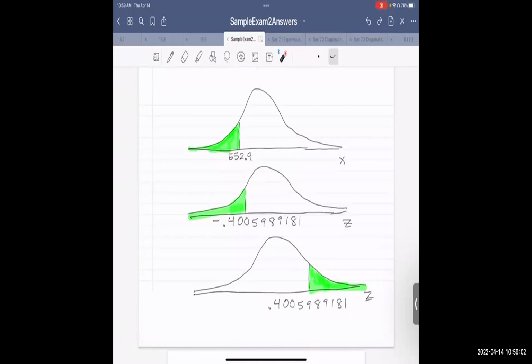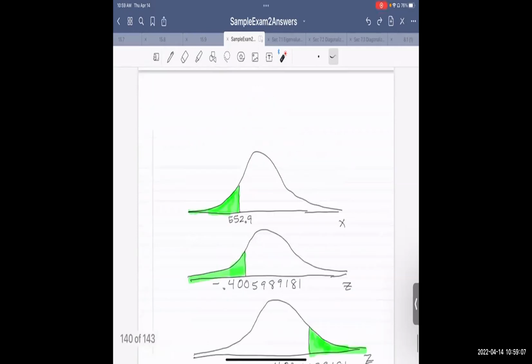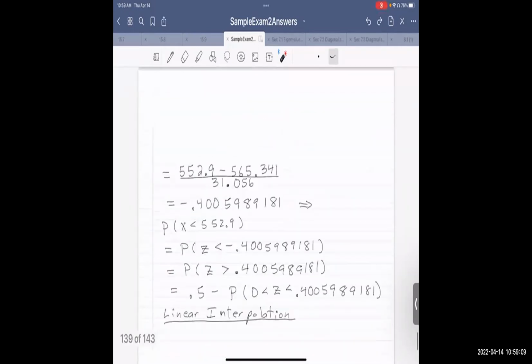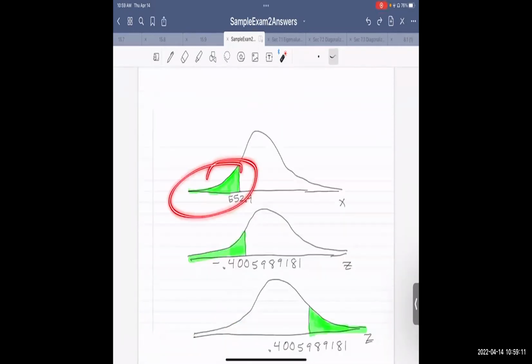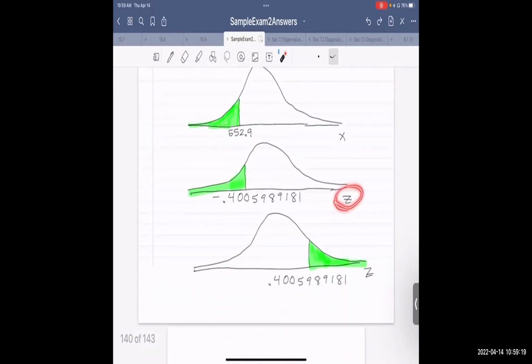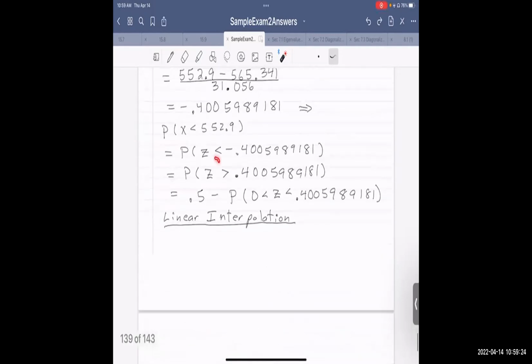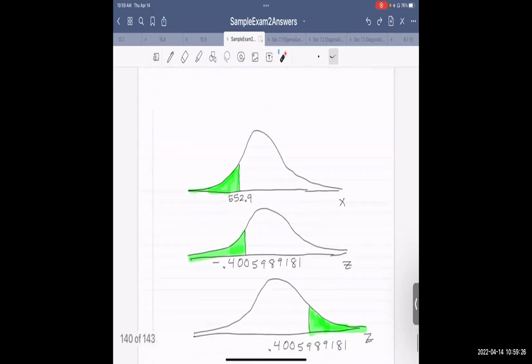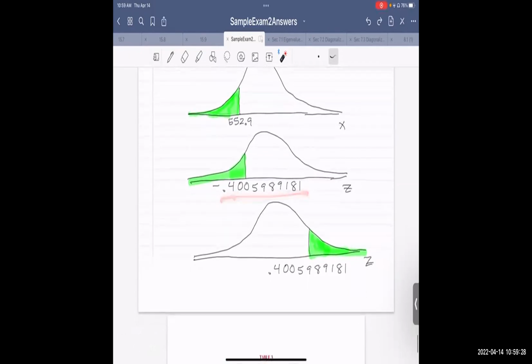And so, I just showed these in graphs. And so I want to find the area to the left of 552.9. Standardizing it, that's the same as the area to the left of negative 0.400598981. By symmetry, that's the same as the right tail.